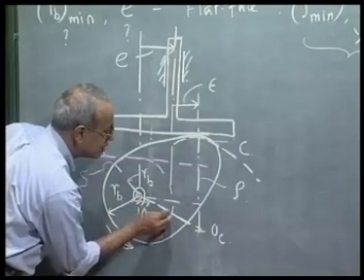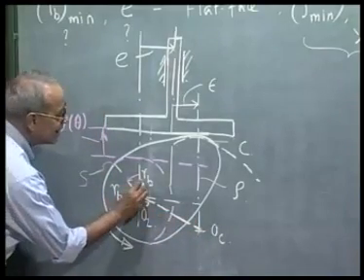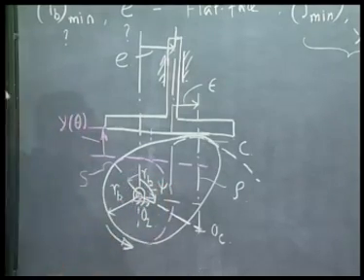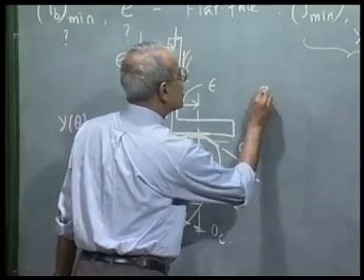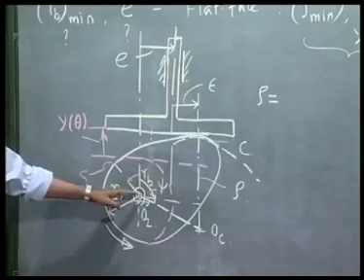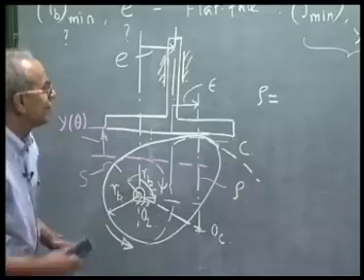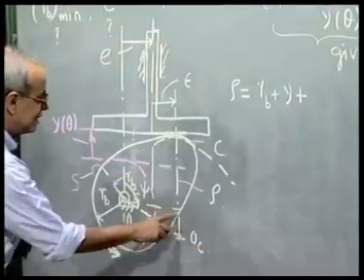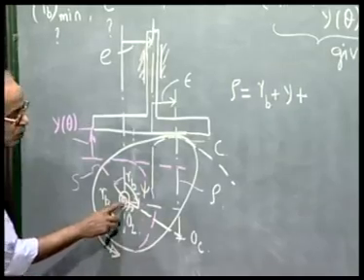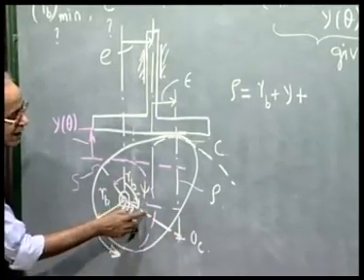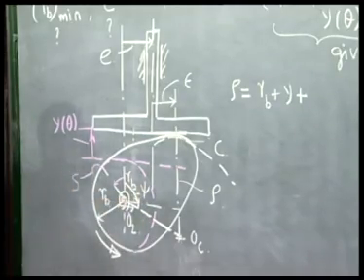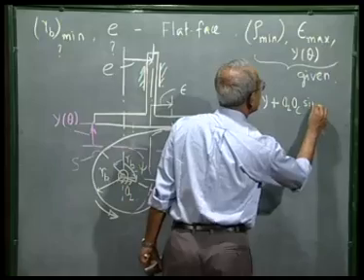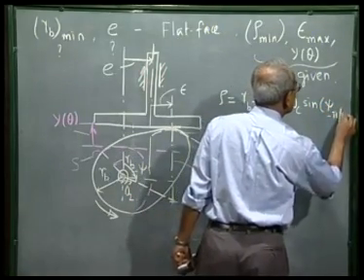If I join these 2 points O2 and OC, and call this angle psi, then the radius of curvature rho is RB plus y plus this vertical height, which is O2OC times sine of psi minus pi by 2.